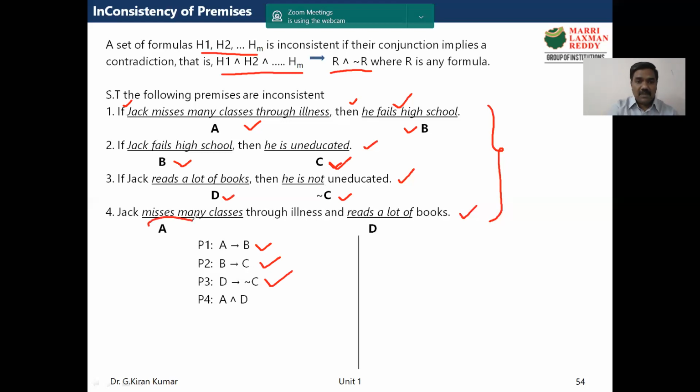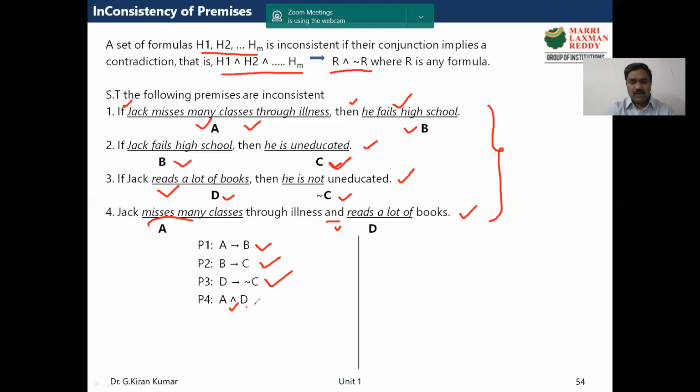Jock misses many classes through illness, and Jock reads a lot of books. Jock misses many classes through illness, we already assumed as A. Since the connective is and, we have taken and here. Jock reads a lot of books, we already considered as D, so I have taken D.